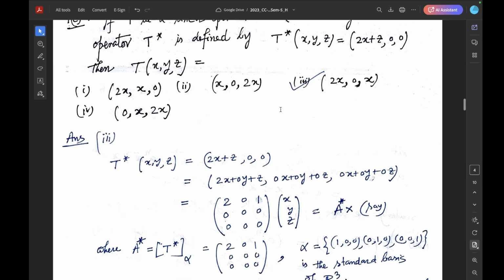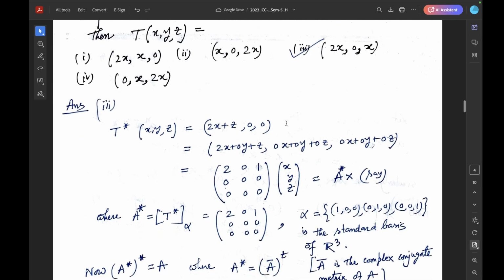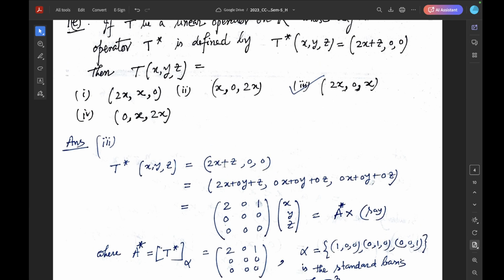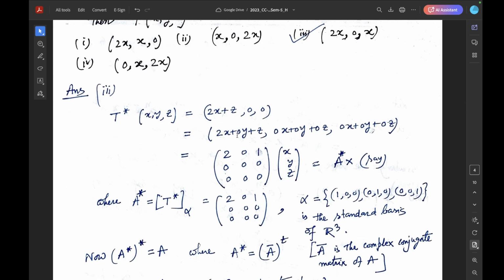So we compute this T, and T star (x, y, z) is equal to (2x plus z, 0, 0). So we can write (2x plus 0y plus z, 0x plus 0y plus 0z, 0x plus 0y plus 0z).